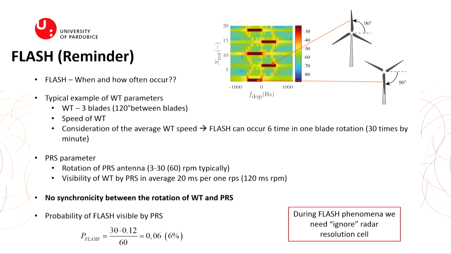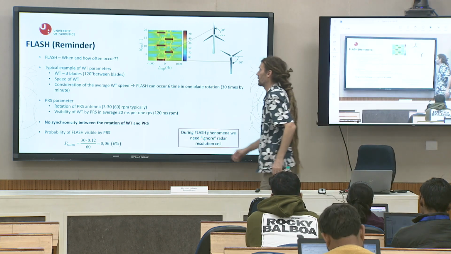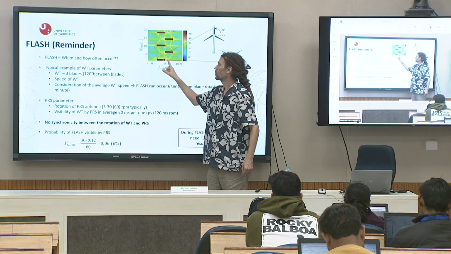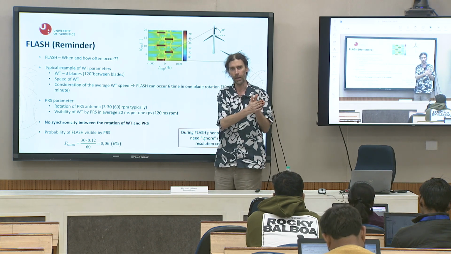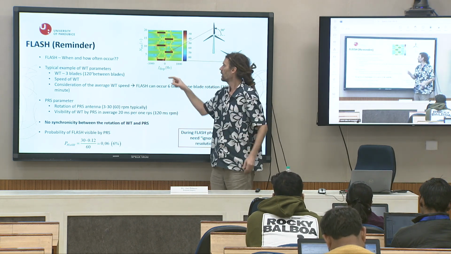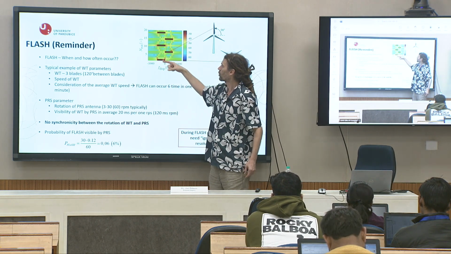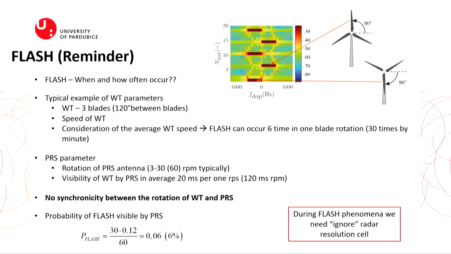So this is just a reminder of what flash is. Flash is a phenomenon which makes reflectivity through all elements of the blades. So you can see that it occurs only from time to time.